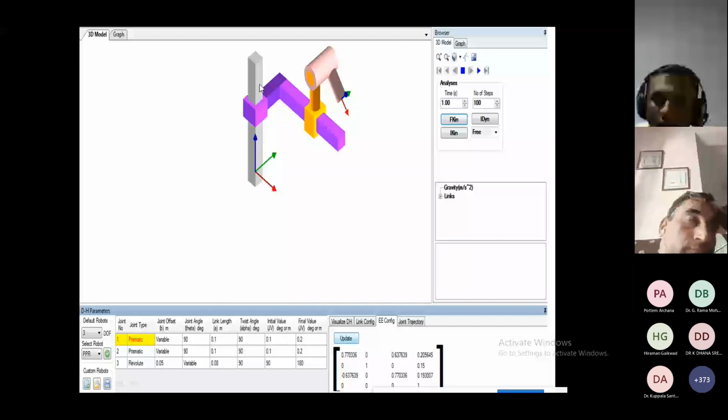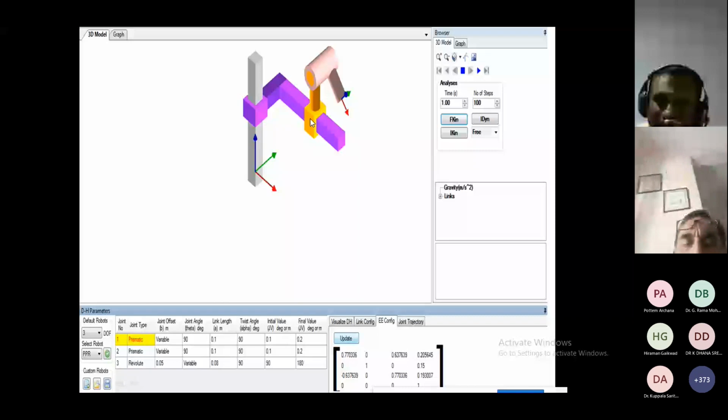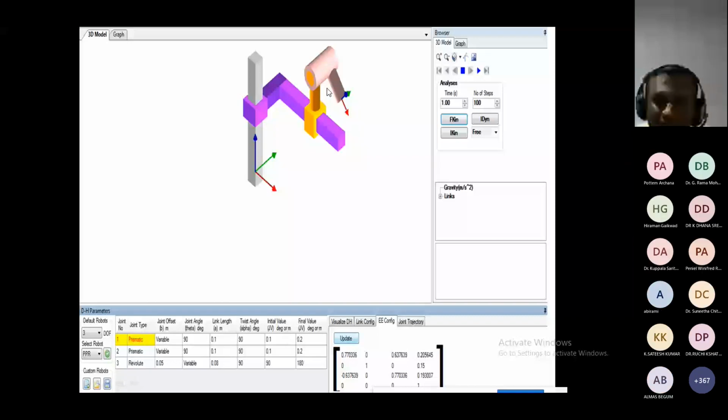Another one is also linear, the orange one, which will run along the pink line. This is also linear motion. But here the other one is inclined, that is the rotational link. It will move here, and we have to give the angles within a restriction. It will move about 46 minus here and 46 plus here, as per the requirement.